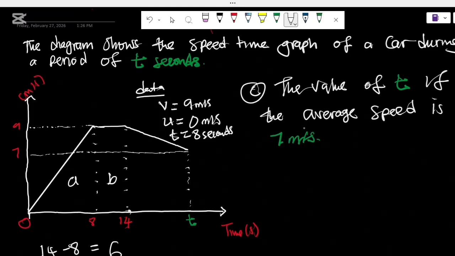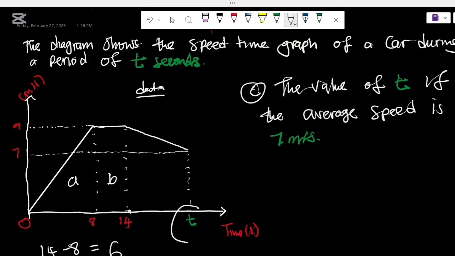So how do you deal with this particular problem? Well, remember that when you're dealing with the average speed, you are talking about the total distance over the total time taken. Notice that we are trying to find the value of t here, and according to the information given, this is the total time taken for the whole journey. Since we have the average speed, which is 7 meters per second, it will be easy for us to find the value of t.